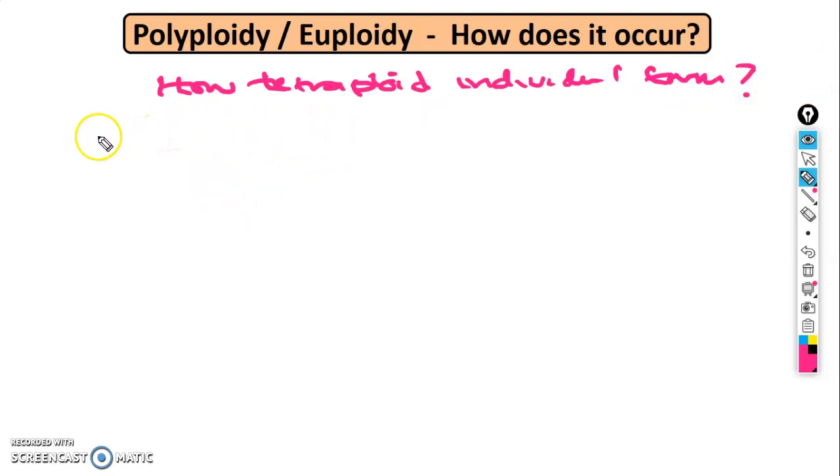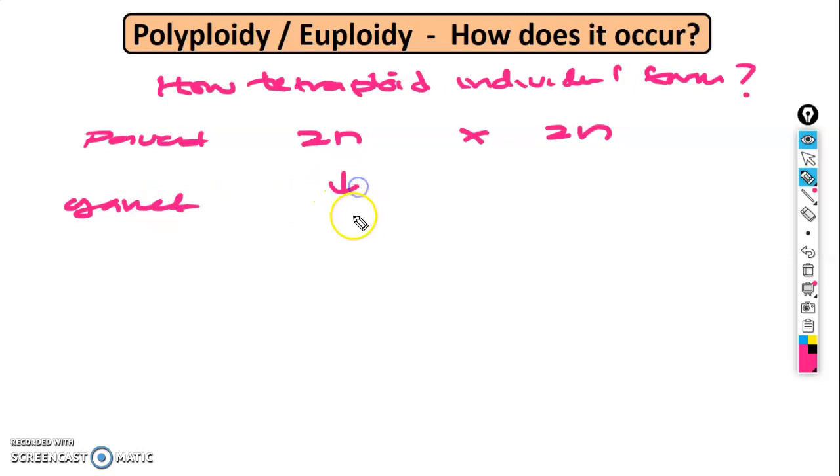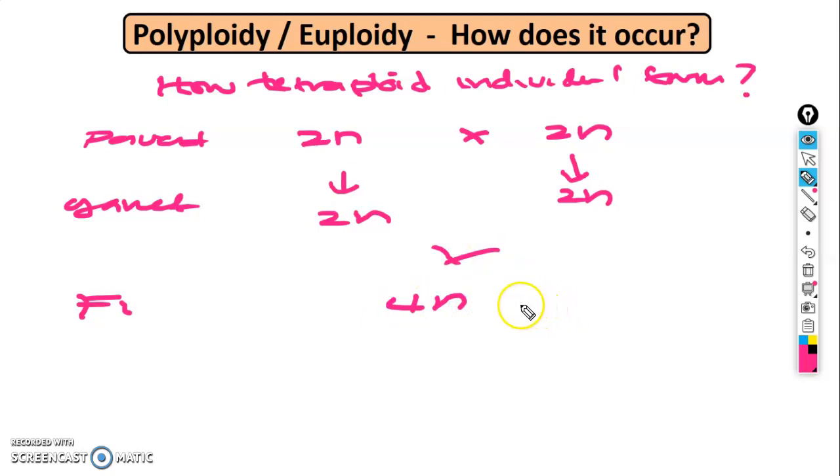For example, we have parents, both diploid individuals, and both individuals produce 2N gametes. So these two individuals undergo non-disjunction during formation of gametes and produce an F1 generation of progenies with 4N in the individuals.